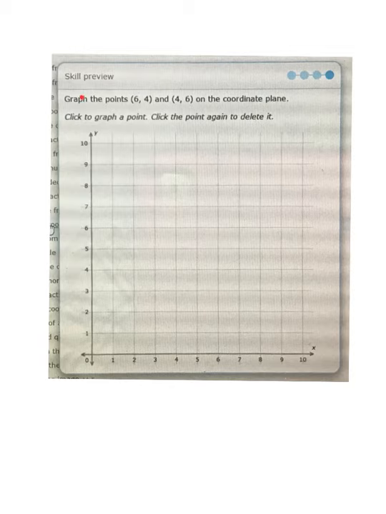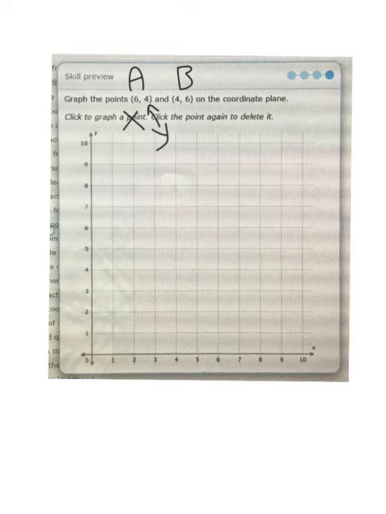So let's try. Graph the points 6 and 4 and 4 and 6 on the coordinate plane. I'm just going to call this here point A and this point B so we can make sure we're really clear about which is which. For point A, we must start, because this is the x value, the 4 is the y value.